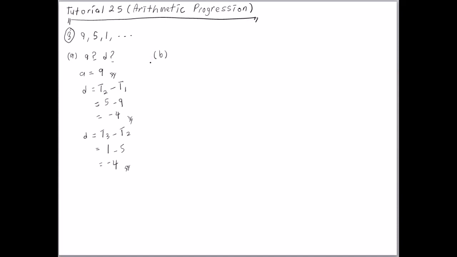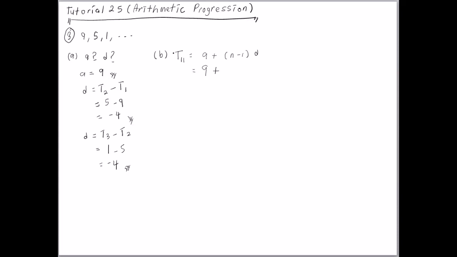Question 3b. We want to find the 11th term, which is T11. Always write down the formula first. T11 equals A plus n minus 1 D. Substitute A, 9 plus n.